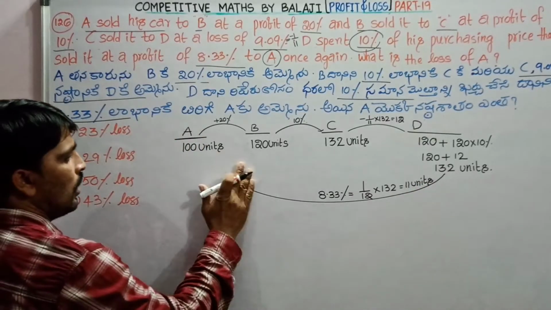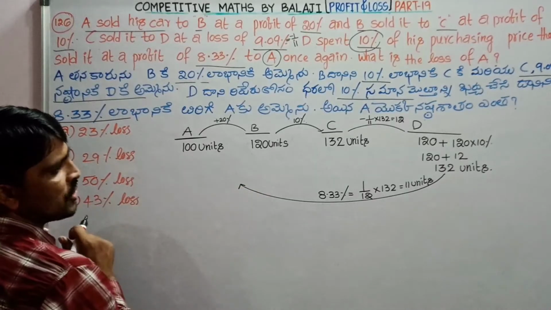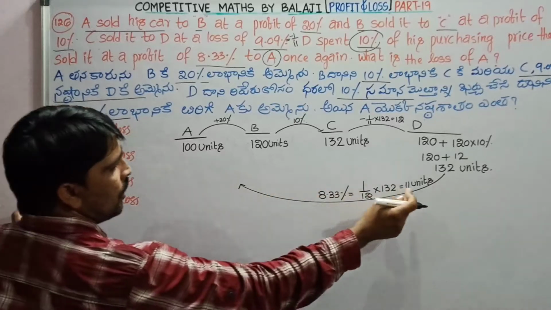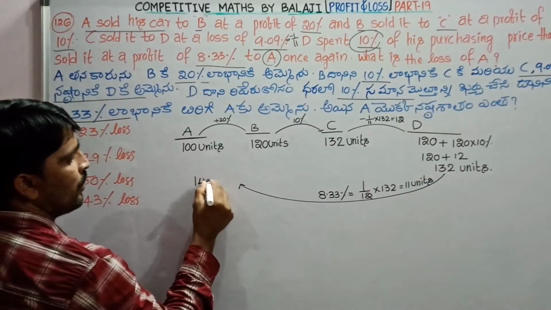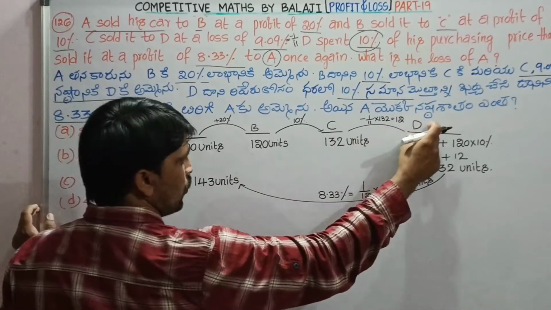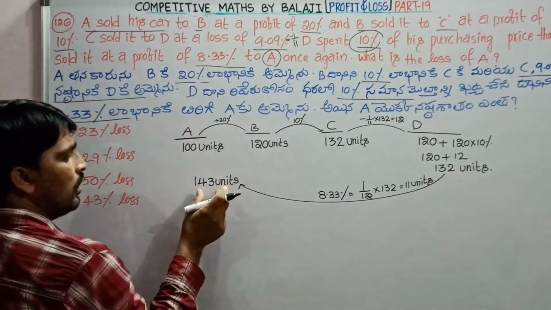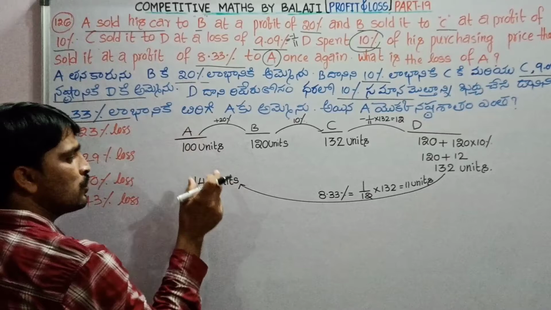So again, A's purchasing price is 11 units plus 132, that is 143 units. That is, D sold to A at 143 units.